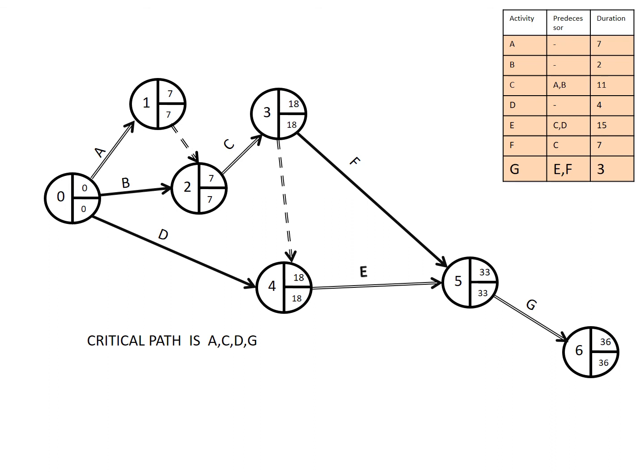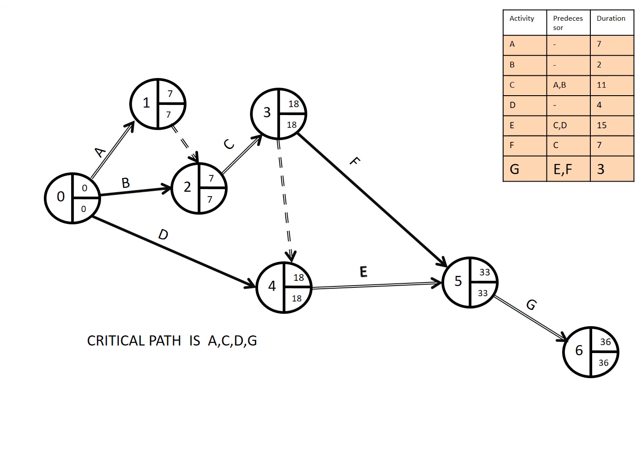You'll find that for the activities on a critical path, even if one of them is delayed, for instance, if I delay activity C by 1 second, that means instead of terminating it at 18, I terminate it at 19, the entire project will be delayed. But what will happen if I delay activity F by something like 4 seconds?